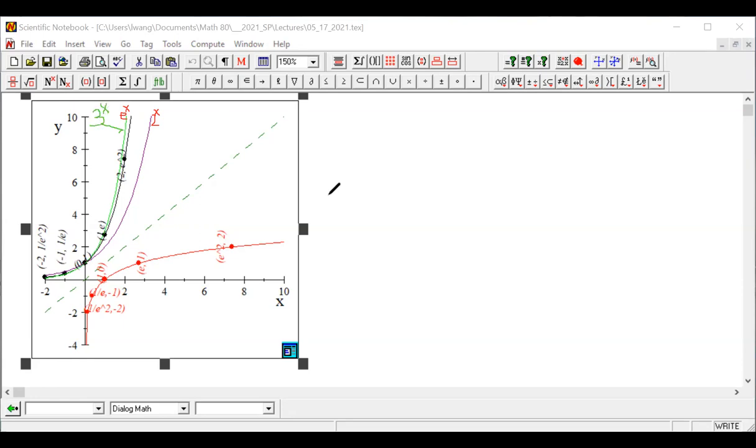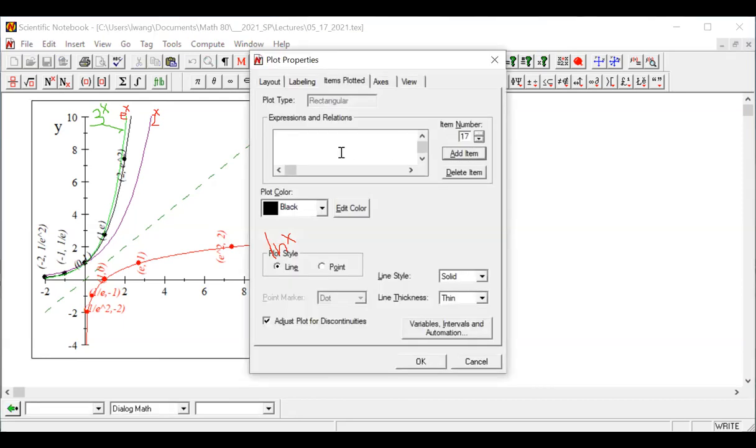Is that clear, everybody? Okay, so the current one is ln x. So we have that ln x. Let's graph the log base 2 of x.